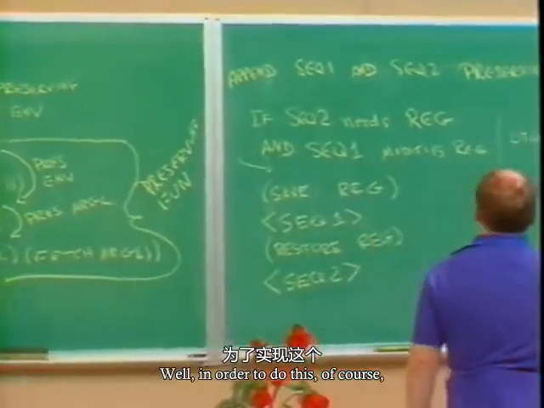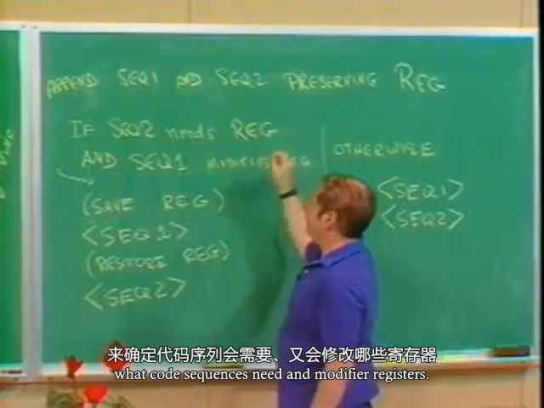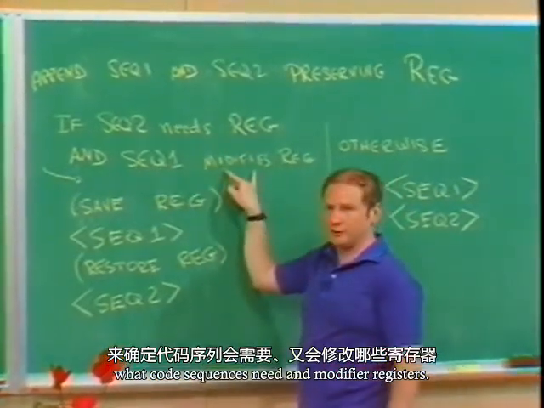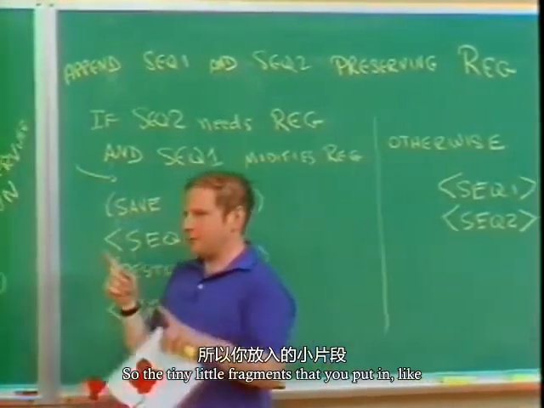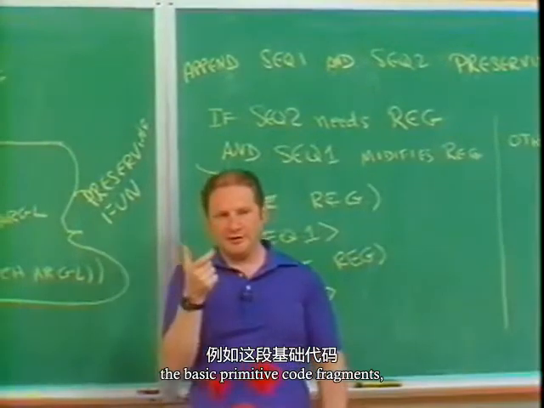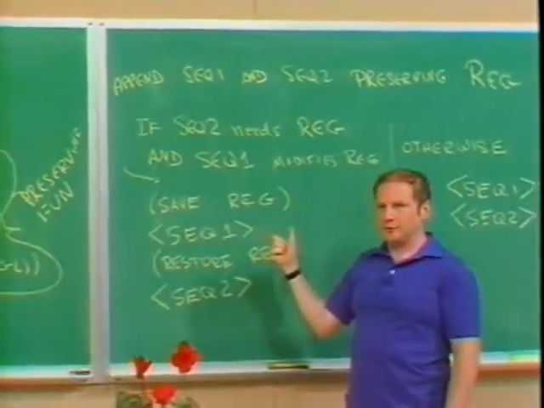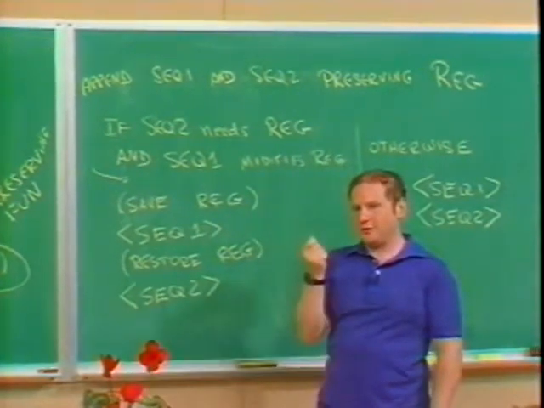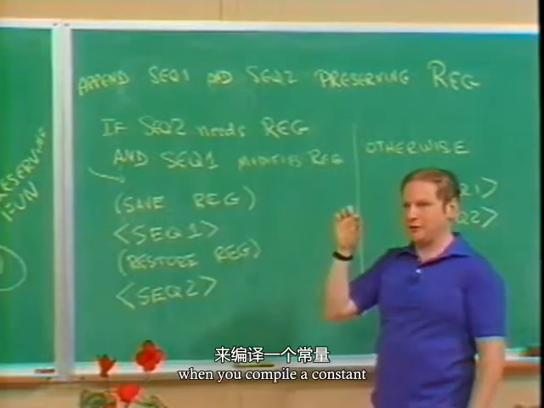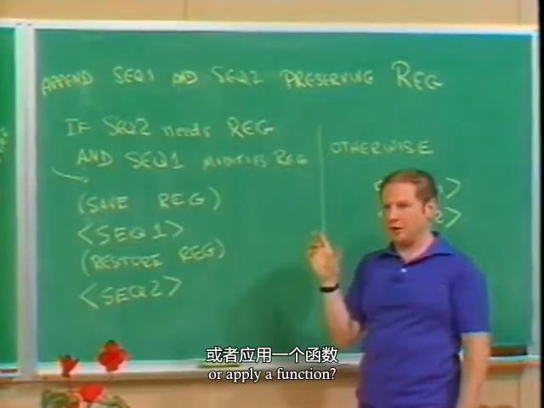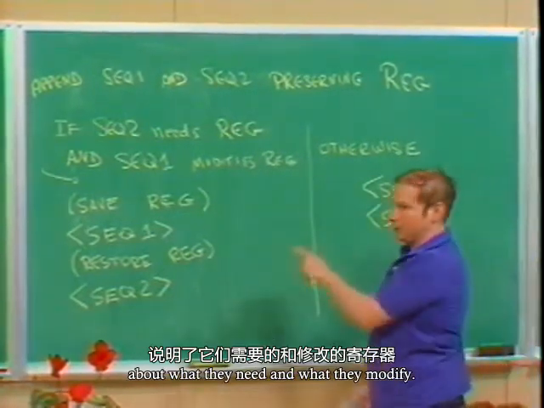Well, in order to do this, of course, the compiler needs some theory of what code sequences need and modify registers. So the tiny little fragments that you put in, the basic primitive code fragments, say what are the operations that you do when you look up a variable, or when you compile a constant or apply a function? Those have little notations in there about what they need and what they modify.